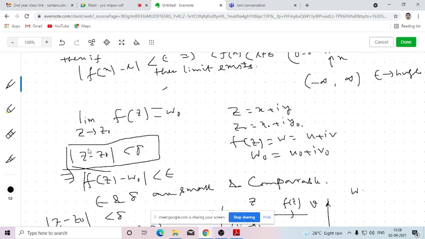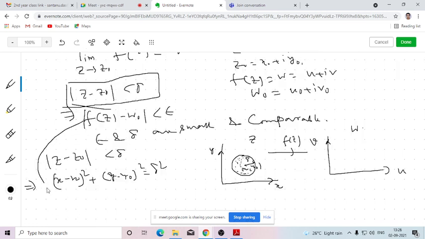This also represents a circle, since f(z) is a function of a complex variable that can be written in the form u plus iv, and w0 is u0 plus iv0. So in the w plane, this will also represent a circle: (u minus u0) whole square plus (v minus v0) whole square equals epsilon square.